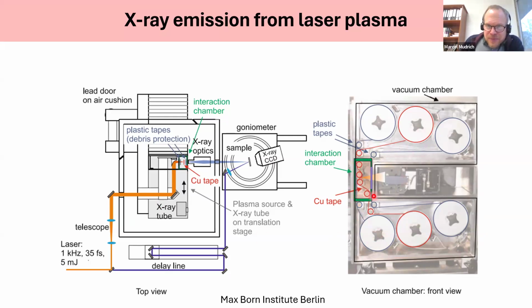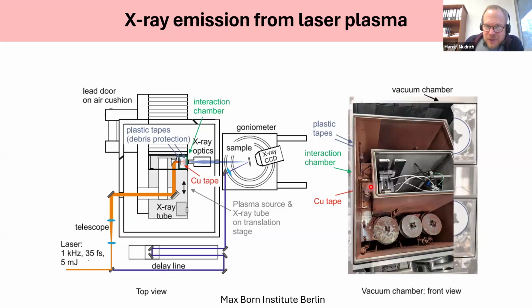That's essentially a photograph of how such an X-ray plasma source looks in the lab. You can see the schematic here. There's an intense, quite powerful 5 millijoule near-infrared laser pulse, which is focused through the system onto the copper tape passing just in front of the X-ray optics.